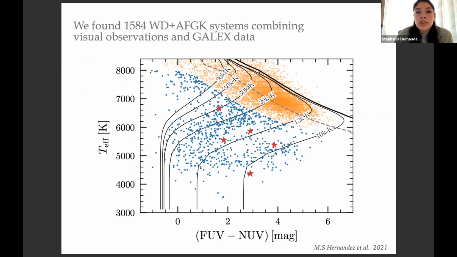These orange points represent the targets that have a normal UV emission, and these in blue are the targets that have a UV excess that is not normal for the type of star.